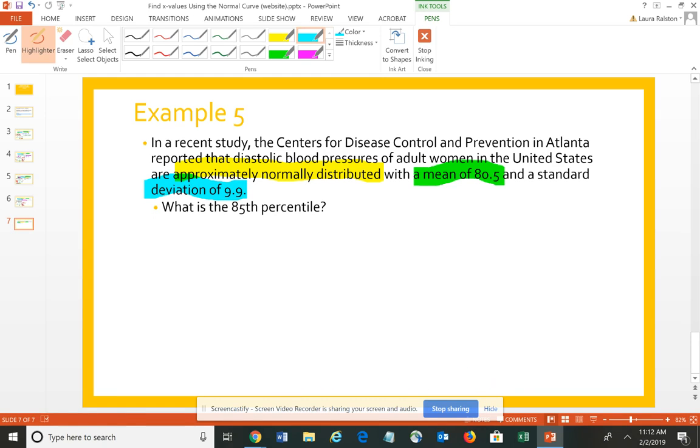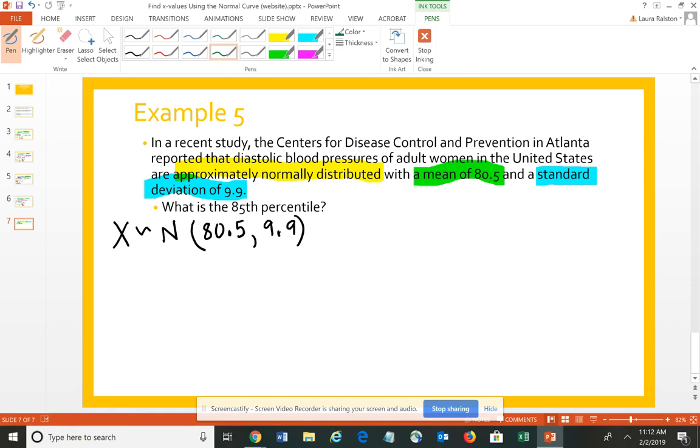So here's what we know. We know that our distribution is approximately normal with a mean of 80.5 and a standard deviation of 9.9. And we want to find the 85th percentile.